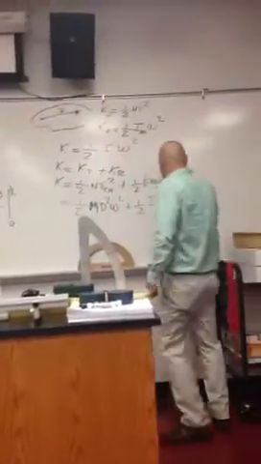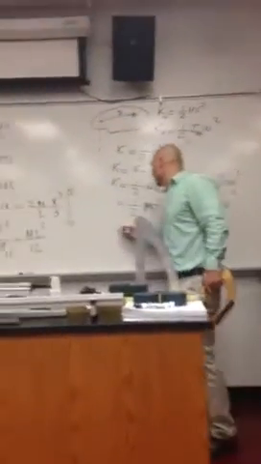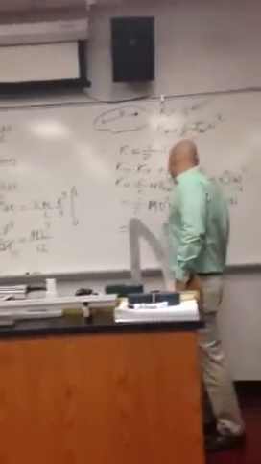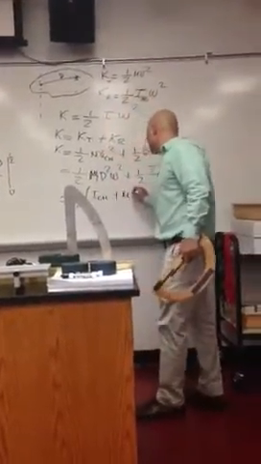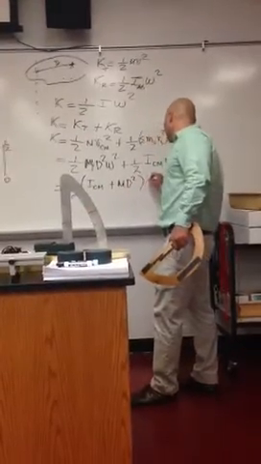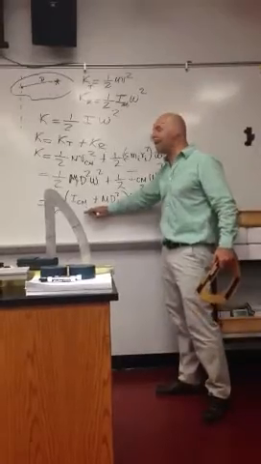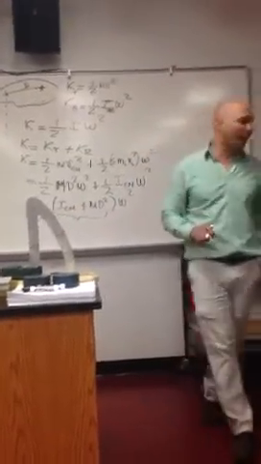Times omega squared. If I factor out omega squared, I get that 1/2, and I get now ICM plus nd squared times omega squared. So what will be I of my arbitrary axis? This is I with respect to the arbitrary axis.